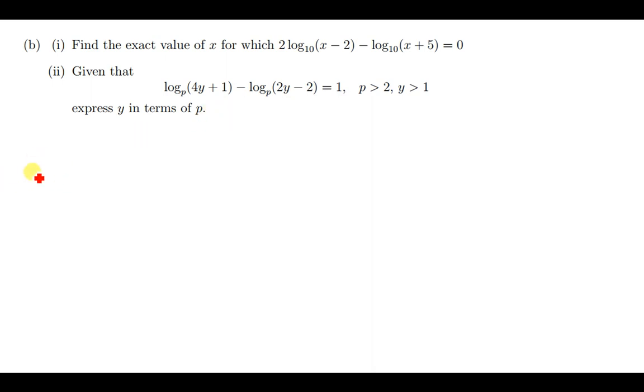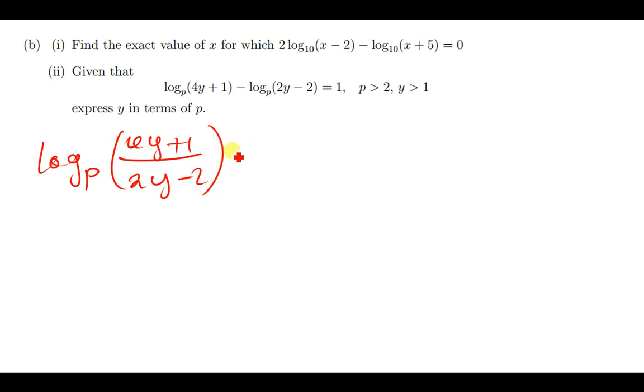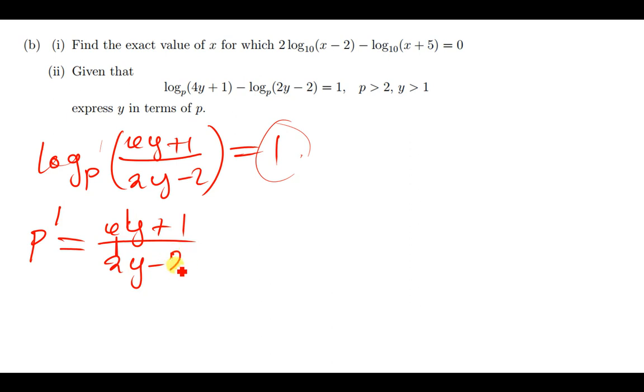So we write this as log with base p of (4y plus 1) divided by (2y minus 2), equal to 1. Now we change this to exponential form. The base remains the base, this side becomes the power, and we say p equals y plus 1 over 2y minus 2.